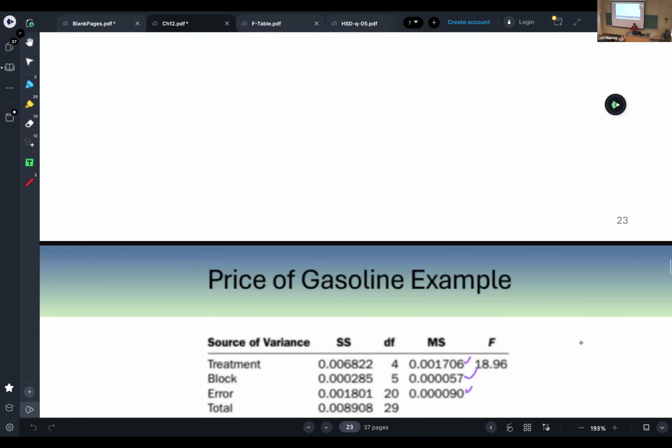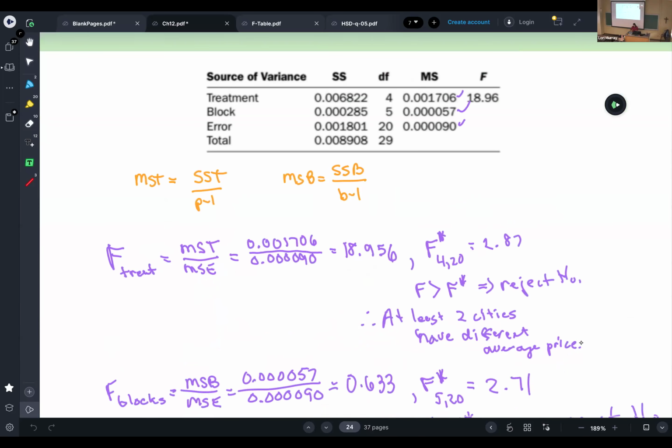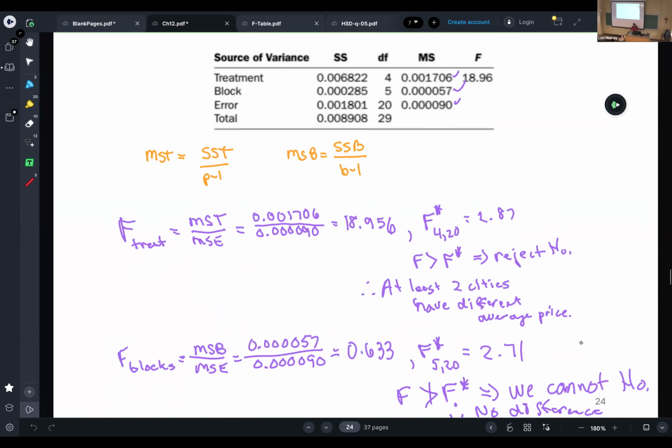And we did this. We tested the treatments, which was the cities. So the treatments are the cities. And we found that the F is greater than the critical value, and so we rejected that the means are equal. Our hypothesis was they were equal. And so we conclude then at least two cities have different average price.